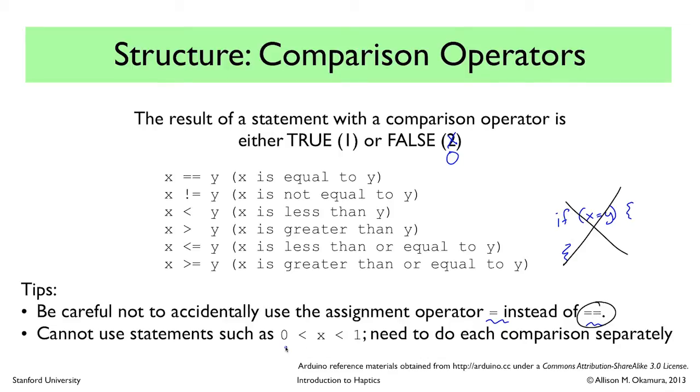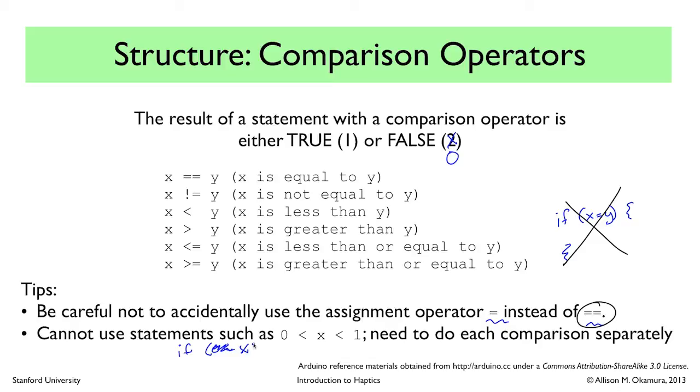Also note that in an if statement, you can't use statements like, if you want x to be between 0 and 1, you can't say 0 less than x less than 1. You need to do each comparison separately. So in this case, if you wanted this to be true in order for a statement to get done, you would say, oh sorry, I should put the x first.